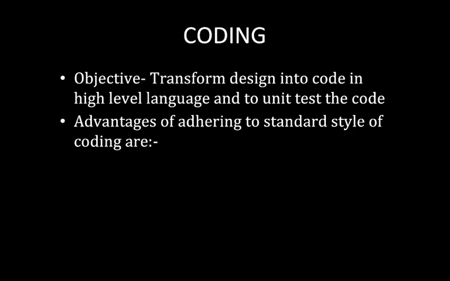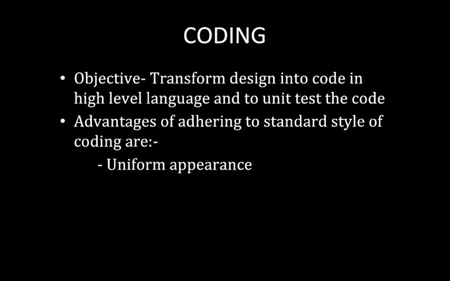In every organization there will be coding standards and coding guidelines. Coding standards are the mandatory things that should be followed by all the developers in the organization, and coding guidelines are just a guide to the programmers. They may or may not follow those coding guidelines.